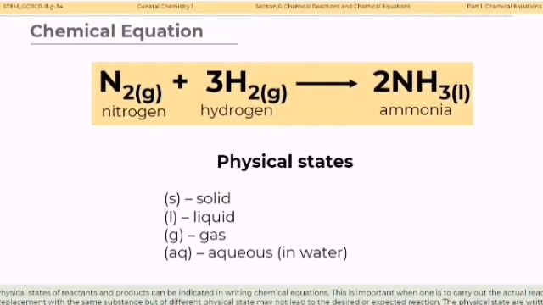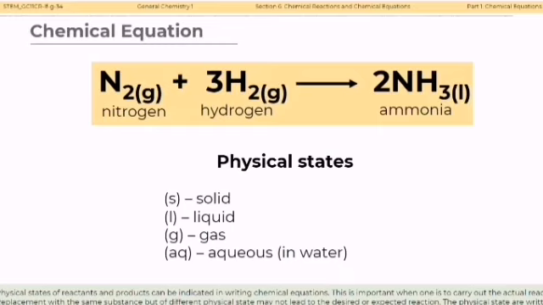Physical states of reactants and products can be indicated in writing chemical equations. This is important when one is to carry out the actual reaction. Replacement with the same substance but of a different physical state may not lead to the desired or expected reaction.